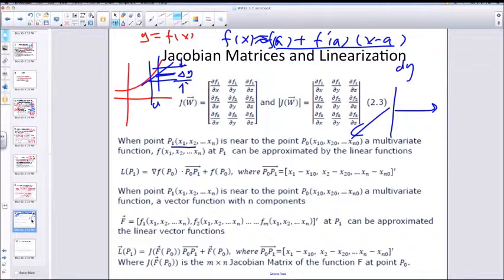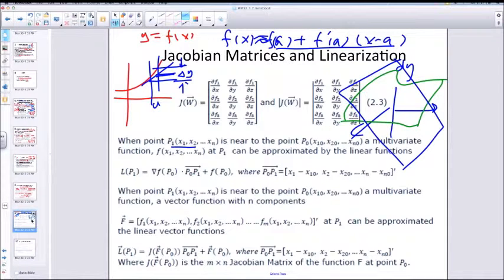You have a surface, whatever shape, and then you approximate the surface by the tangent plane, and what you use is the gradient to replace this derivative.